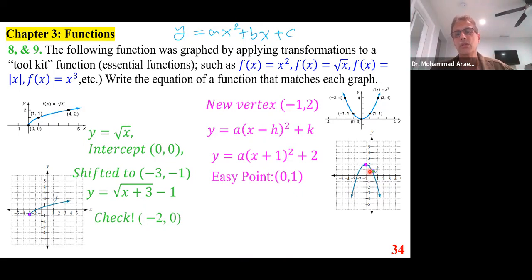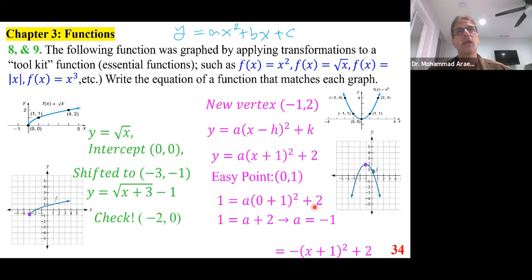You pick (0, 1), and now you plug in, replace the x with 0, y with 1. This is 1, square root of 1, a plus 2 is 1, a becomes -1, and you have your function there.